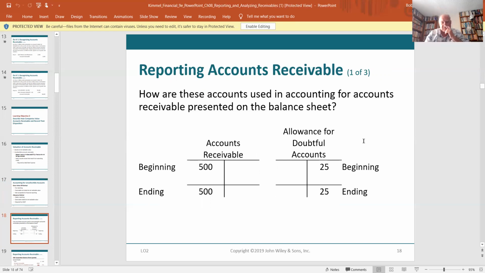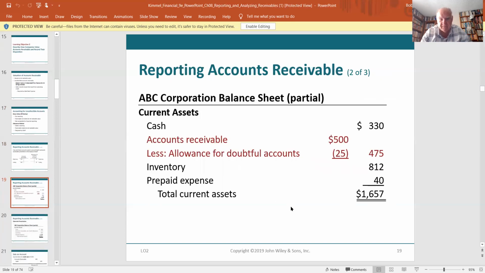So let's just peek at this for a second. You have an account called allowance for doubtful accounts. Your net receivables would be 500 minus that 25. Now here's how it's presented on your balance sheet.